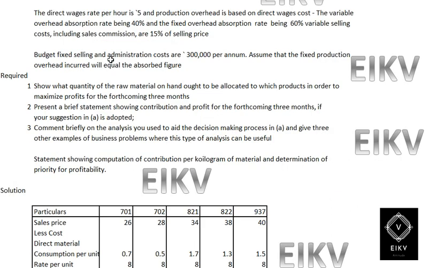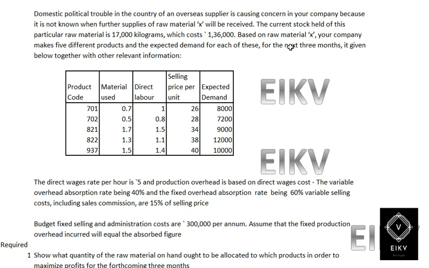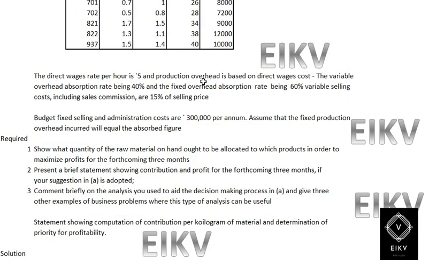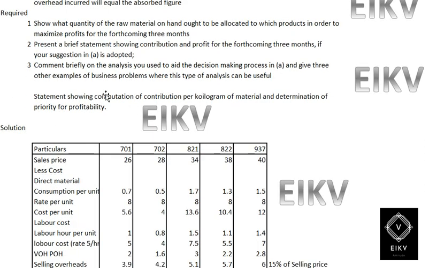Other details: budgeted fixed selling and administration cost is 3 lakh per annum. But assume that the fixed production overhead incurred with the equal absorption figure. So here they are given for 3 months, but here the administration fixed overhead has been given as 3 lakh per annum. So kindly note that.